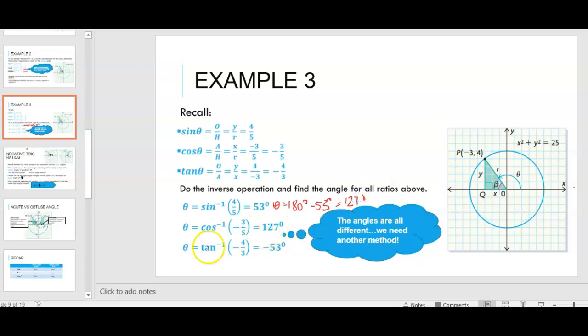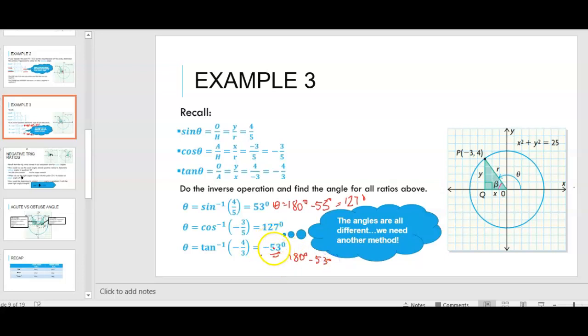We got 127 for cosine directly from the calculator, so we leave that alone. And here now we're going to have the negative sign, so we're just going to subtract the value of the function. Again, it's going to be 180 minus the 53 angle.